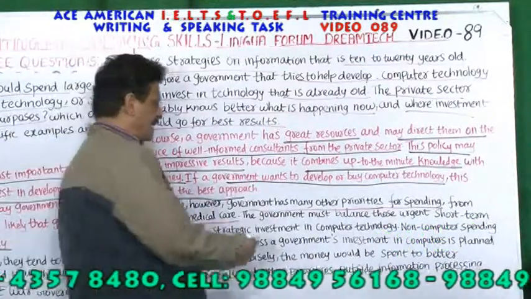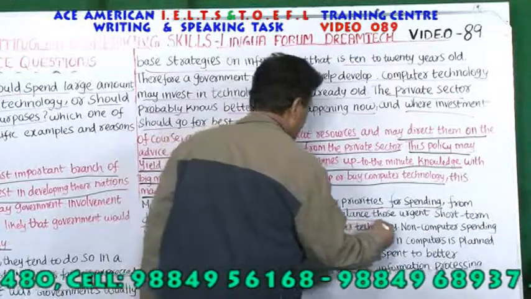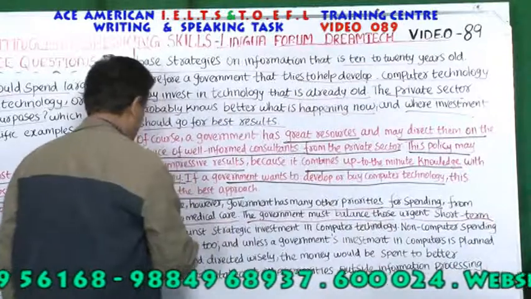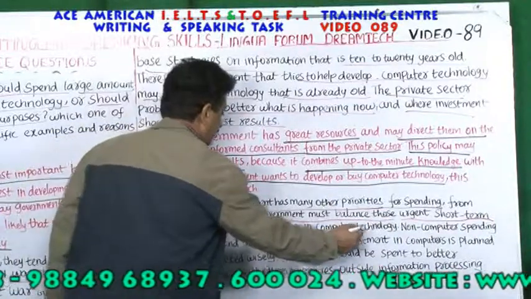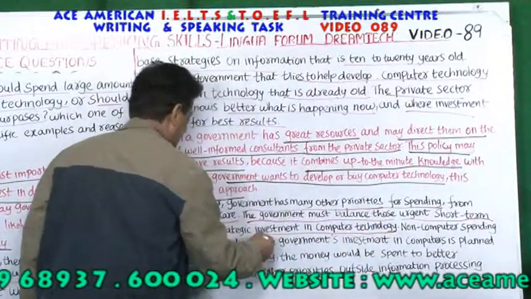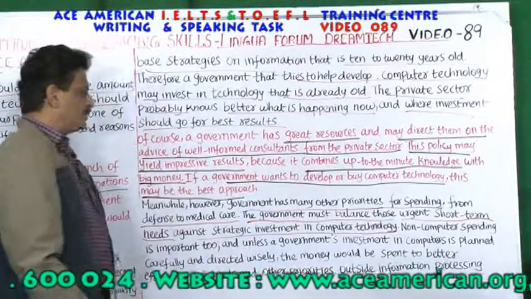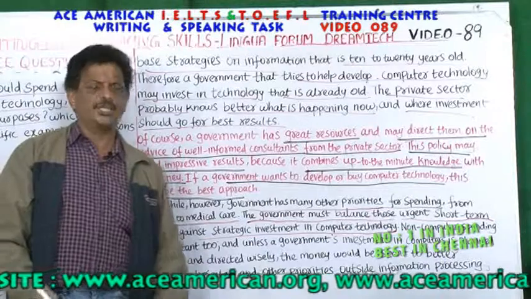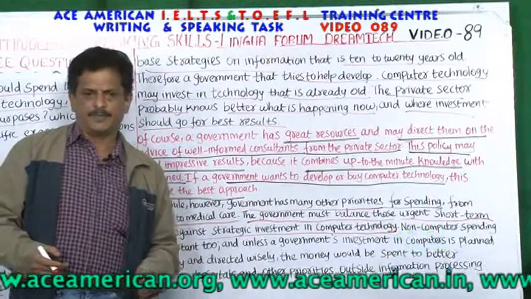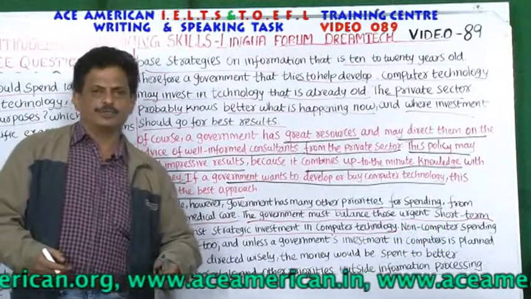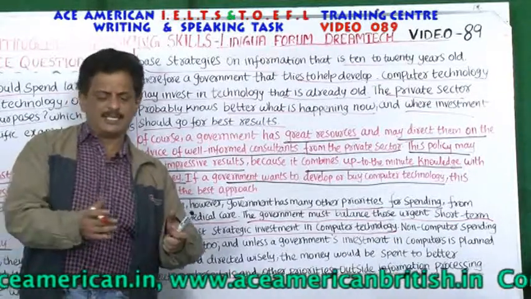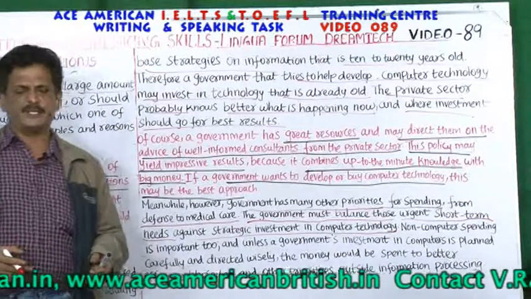The government must balance these urgent, short-term needs against strategic investment in computer technology. So two things are there. The government should spend money on the basic, urgent and short-term measures which they have to take care of: providing food, ration, subsidies for the farmers, free electricity. These are the basic priorities.